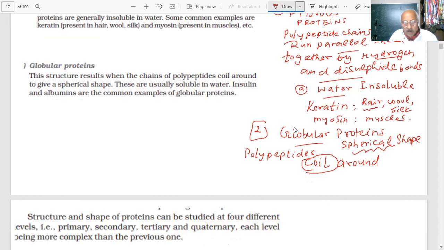Polypeptides will coil around, and this will give a spherical shape to them. These are usually soluble in water, students. Water soluble. Okay.